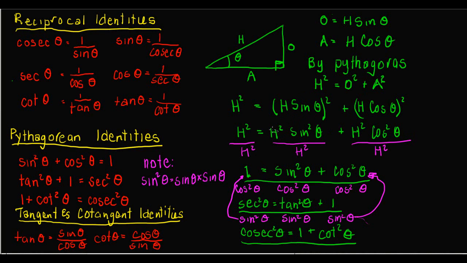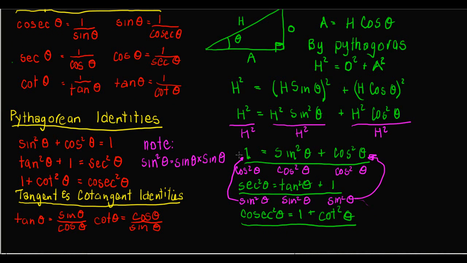We can see that h squared is a common factor of all three of those. So we divide through by h squared. That'll keep the equation the same. So h squared over h squared is 1, sine squared theta, h squared over h squared becomes 1, cos squared theta. And there we have our identity: 1 equals sine squared theta plus cosine squared theta.